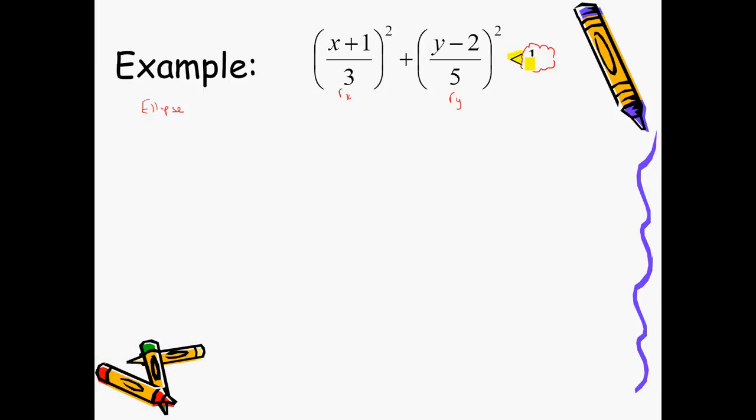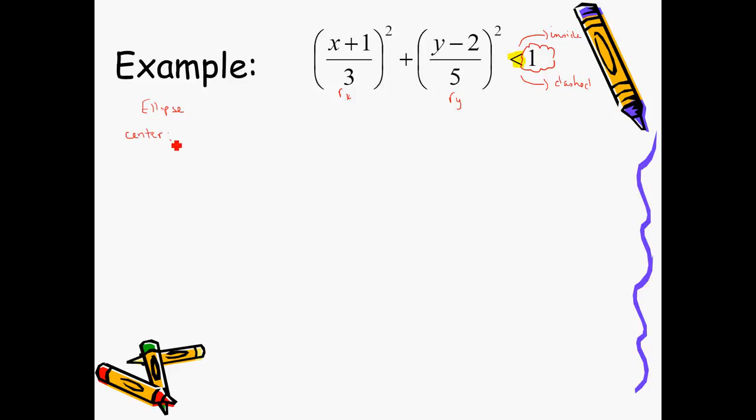Since I have an inequality with no equal sign underneath, I know I'm going to be sketching a dashed curve, and I'm going to be shading inside because it says less than 1. Let's get our information out.